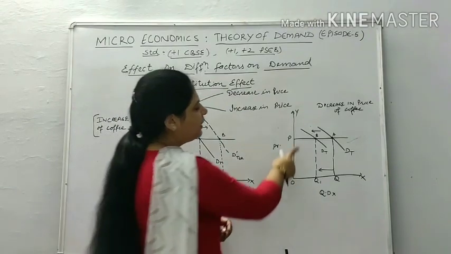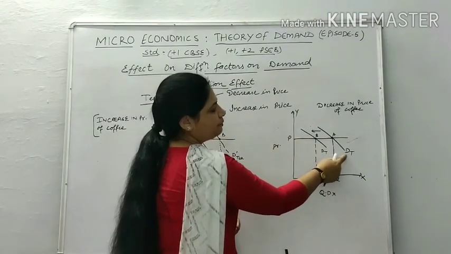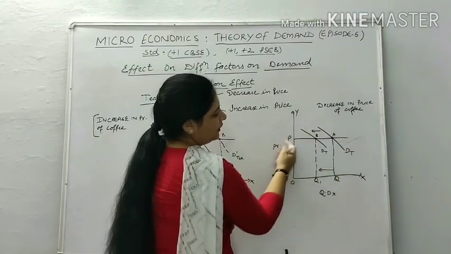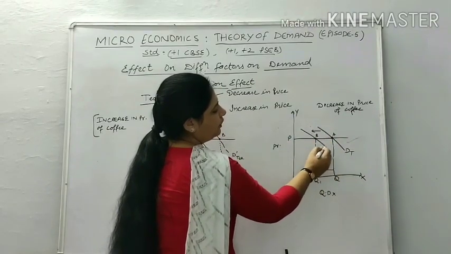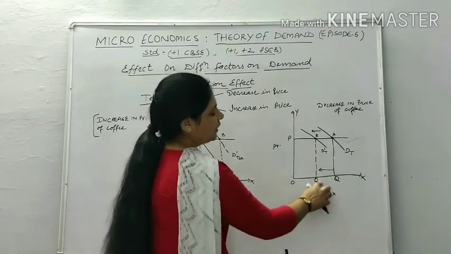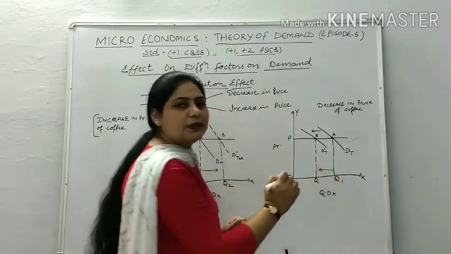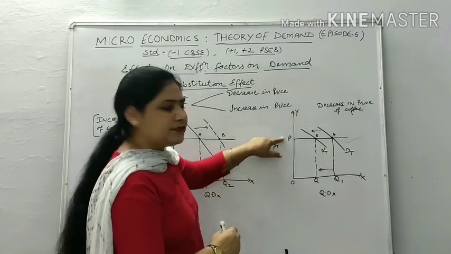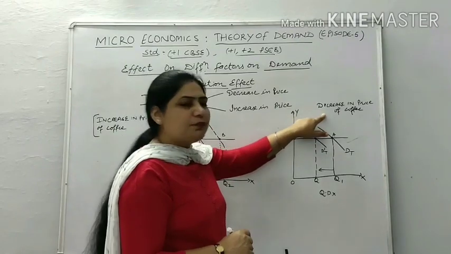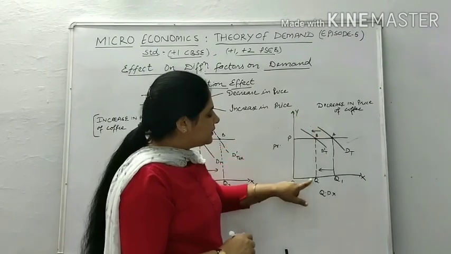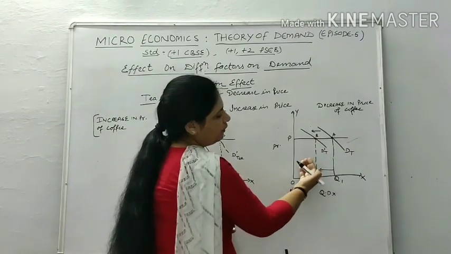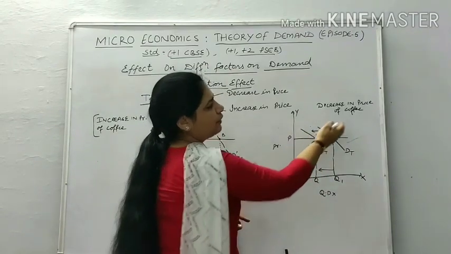So the demand curve for tea, that was DT, now shifts backward to D dash T. The consumer was purchasing OQ1 quantity at this price, but when there is a decrease in the price of coffee, he can purchase a lesser quantity of tea and starts purchasing some quantity of coffee.